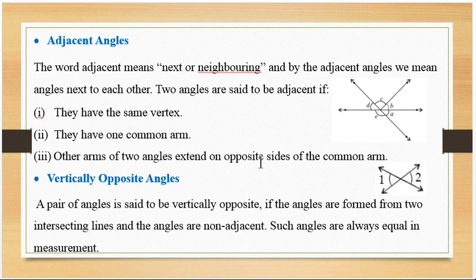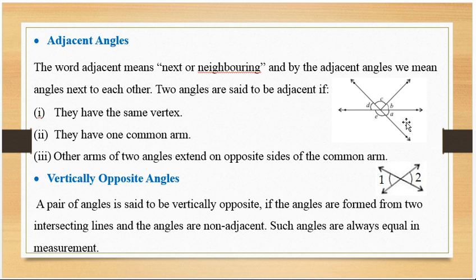Okay, we are moving to the example. It is shown in the figure. Look over there, the angle A. I have to find out the adjacent angle of angle A. B is the angle which is adjacent to A, as well as E is the angle which is adjacent to angle A, because it is next and neighboring. And we are observing that there is a common arm between A and B. You are observing over there.